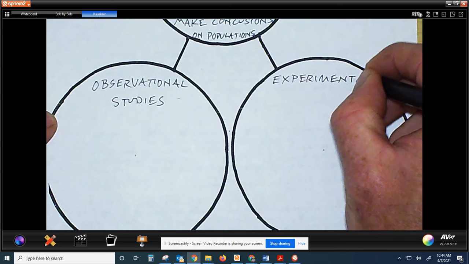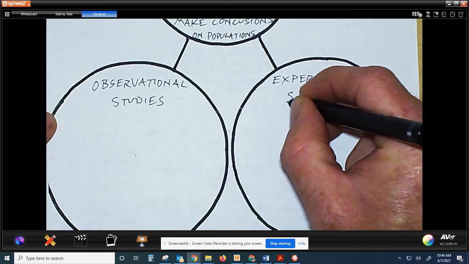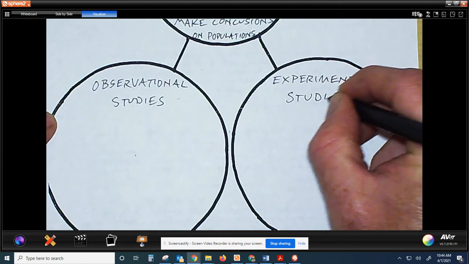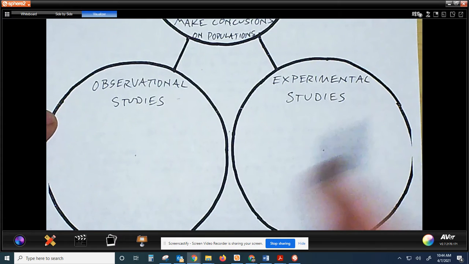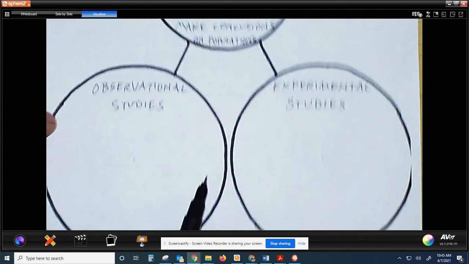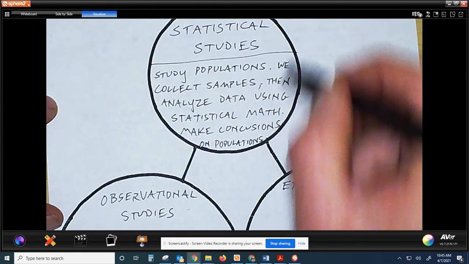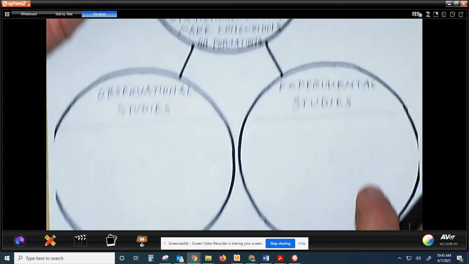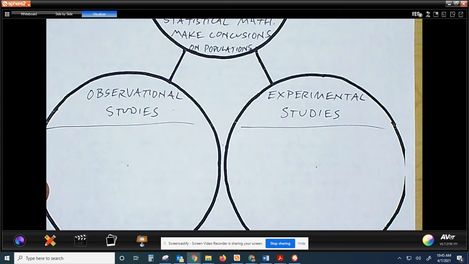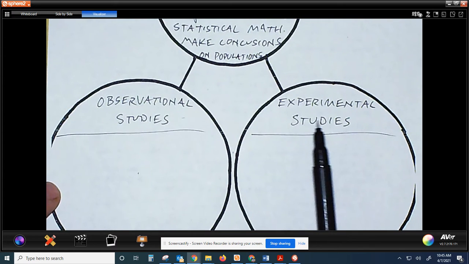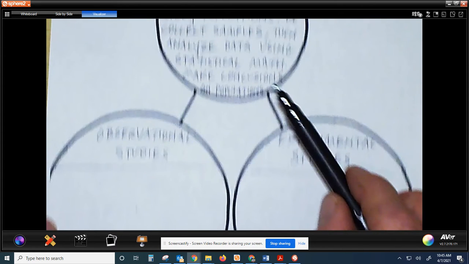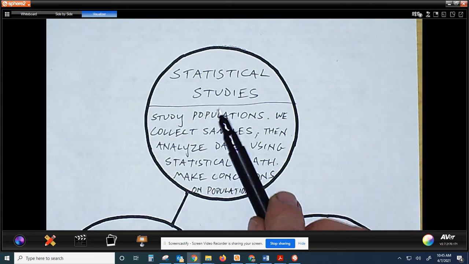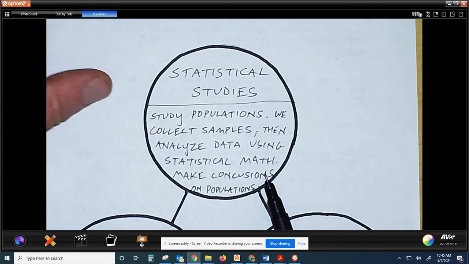And you guys might see a nice crossover with things you've done in science before, because science talks a lot about experiments. I'm going to draw a line under mine so I can see that I have terms and definitions. Observational studies and experimental studies are 2 kinds of statistical studies. They follow a generally different set of rules.